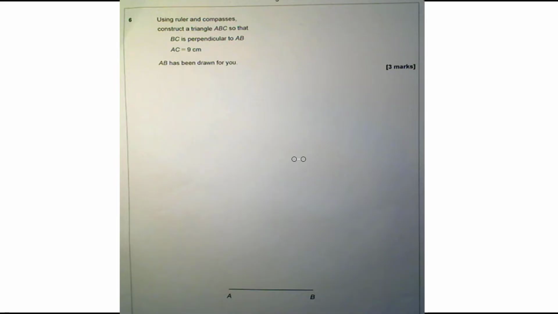Using ruler and compasses, construct a triangle ABC so that BC is perpendicular to AB, AC is 9 centimeters, and the first line has been drawn for us. Right, so first thing we need to do is construct a right angle at B so we can draw our second perpendicular line BC. Now, in order to construct a 90-degree angle, we need to extend the line a little bit beyond B so that we've got something that we can cut with an arc.